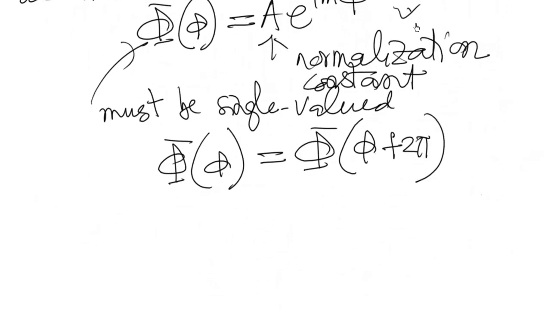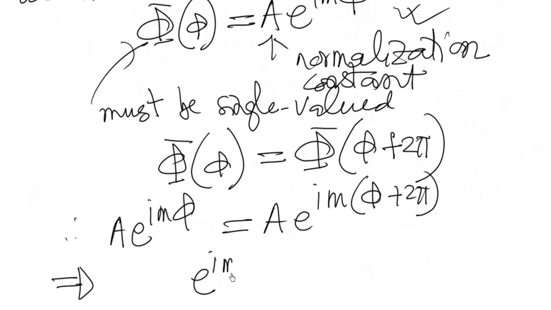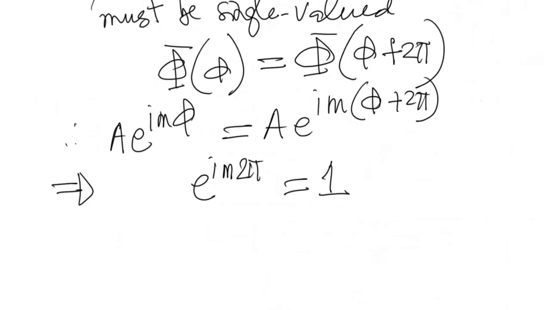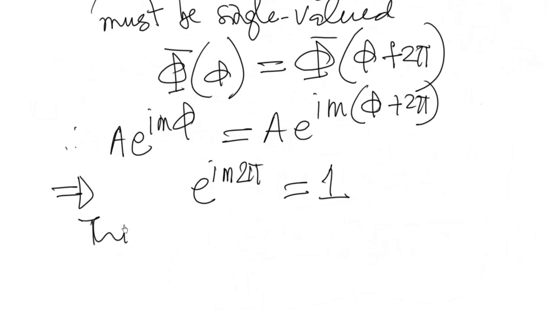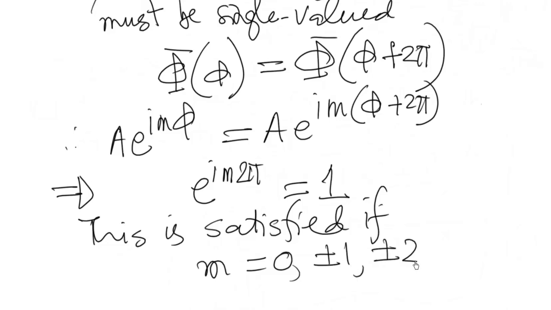So if we use this, then we have this, which gives us this, and this is satisfied if m equals 0, plus minus 1, plus minus 2, plus minus 3, and so on.